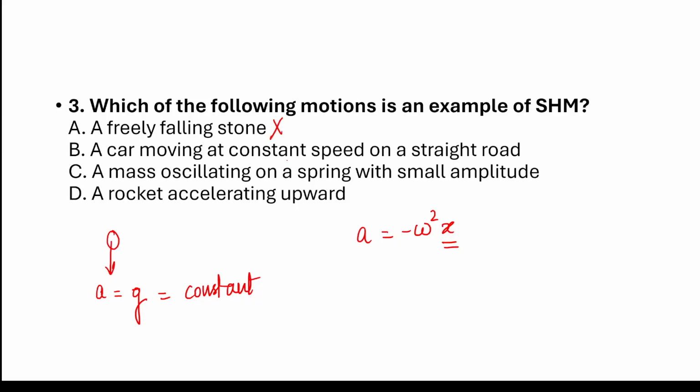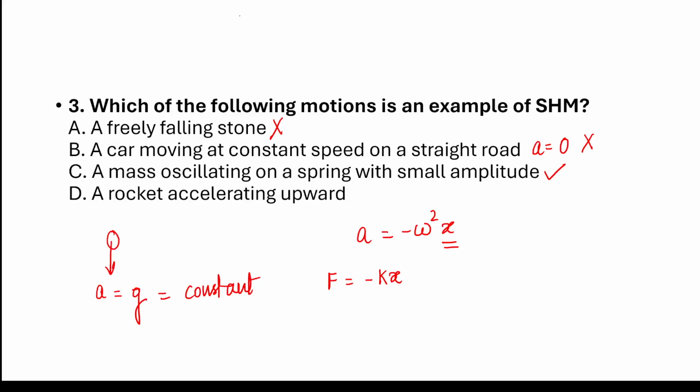Car moving at constant speed. So if it's moving at constant speed, that means acceleration is 0. Not the right answer. Mass oscillating on a spring with a small amplitude. So if it's oscillating on a spring, the spring force is acting, minus kx. This could be the right answer. Rocket accelerating upwards.